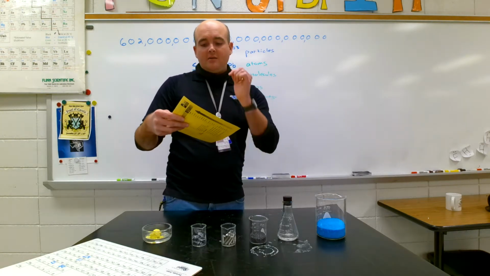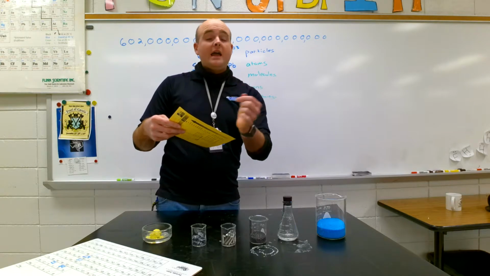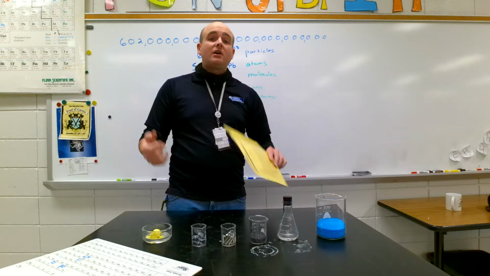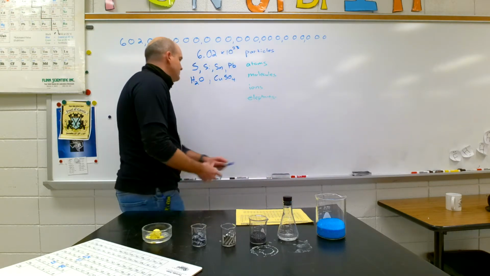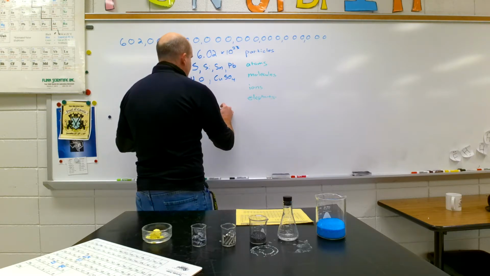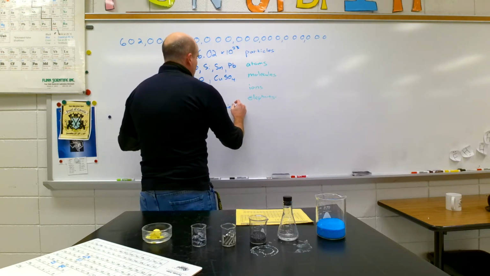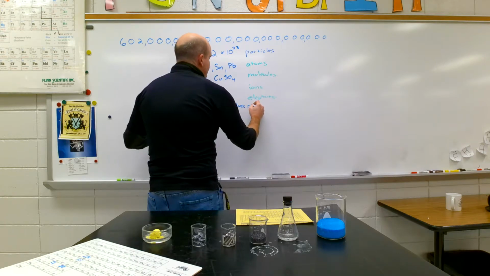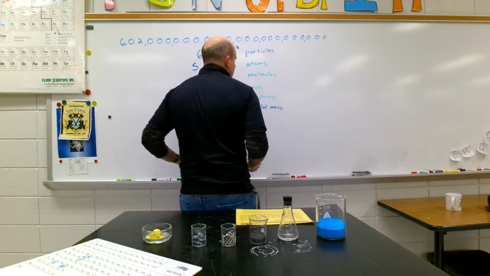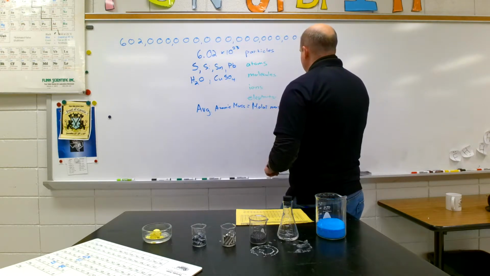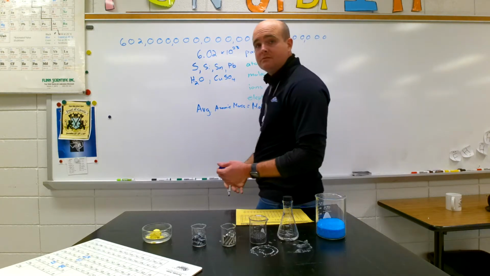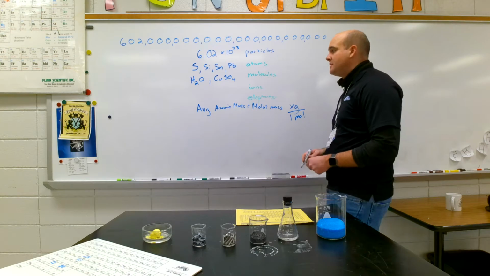Now we find the average atomic mass, that number that's underneath the symbol, that is what's called your molar mass. Okay. So before we only called it the average atomic mass. This is your molar mass. That is how many grams are in 1 mole of that substance. Okay, that's essentially what that's saying.